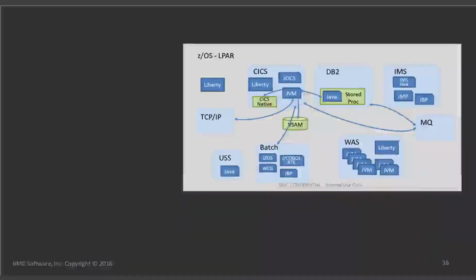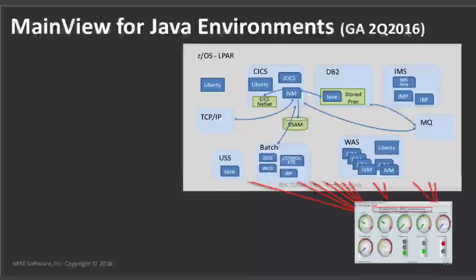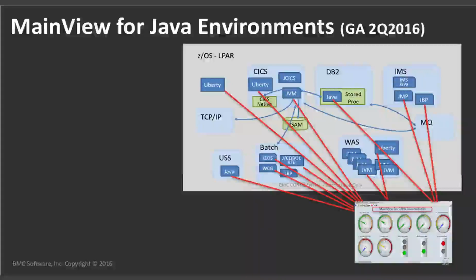So what we've done is we've been working for over the last year on Mainview for Java Environments. It will actually become GA in the second calendar quarter of this year. It's been in beta since last year. Very quickly, the idea of Mainview is to help address those problems that customers see. Number one, you've got to figure out where all those Javas are.